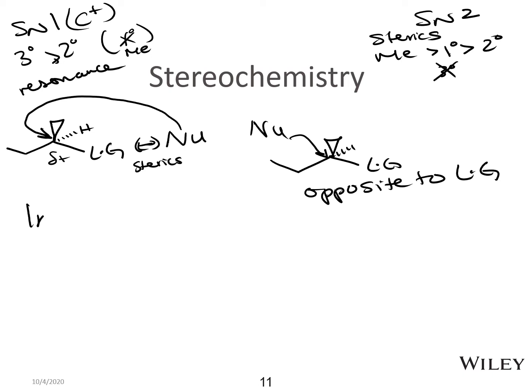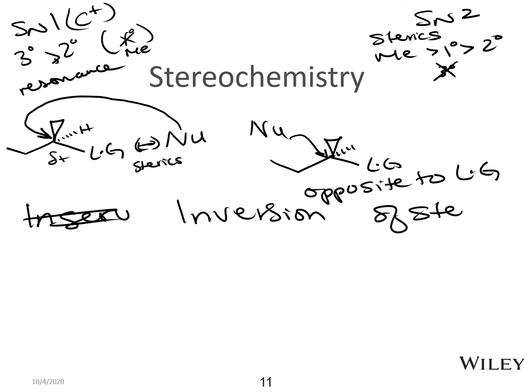So in terms of stereochemistry, we get what's called inversion of stereochemistry. This only plays a role if you have a chiral center, right? This only plays a role if the molecule that you're forming had a chiral center that you were attacking to begin with. If you didn't, then this is not an issue.